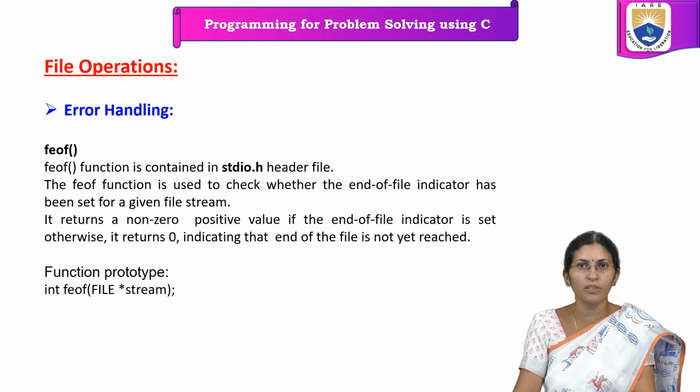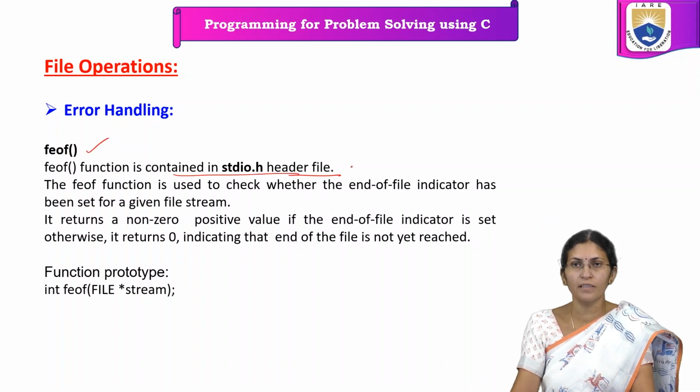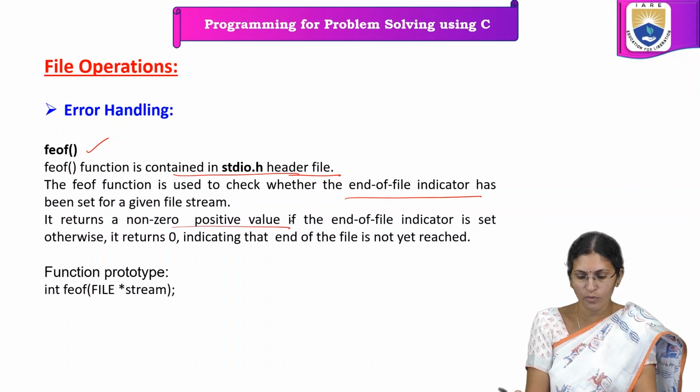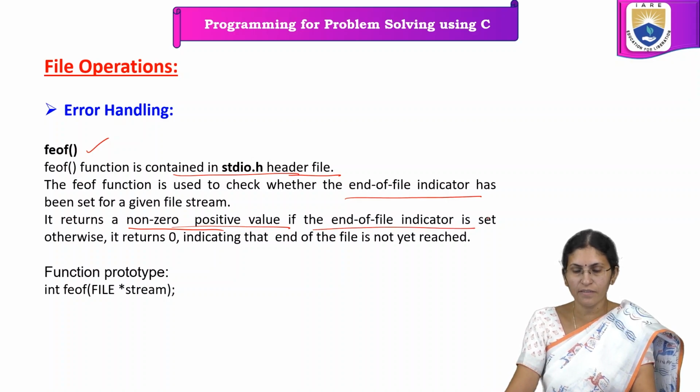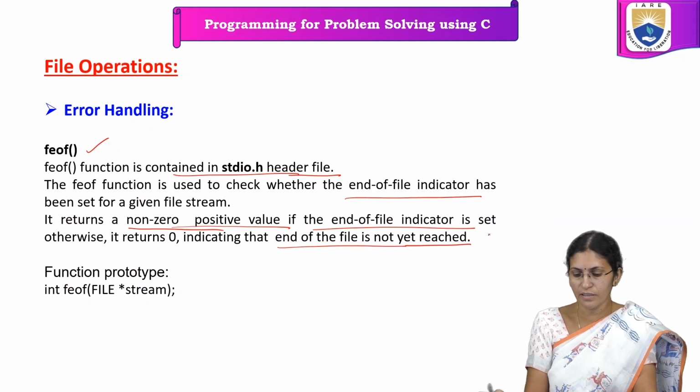Next one is the feof function. The feof function is contained in the header file stdio.h. It is used to check whether the end of the file indicator has been set for a given file stream. That means the end of the file character has been reached or not. If it reaches, it returns a non-zero positive value if the end of the file indicator is set, otherwise it returns 0, that means false, indicating that the end of the file is not yet reached.